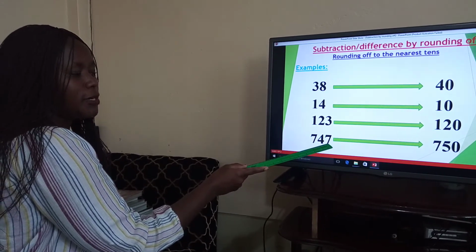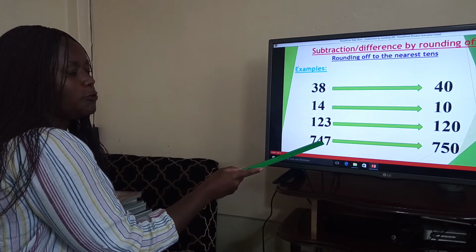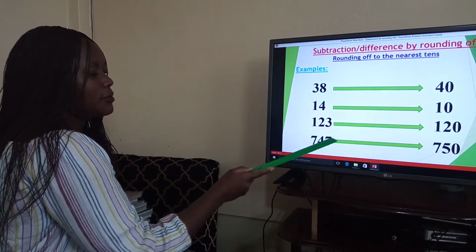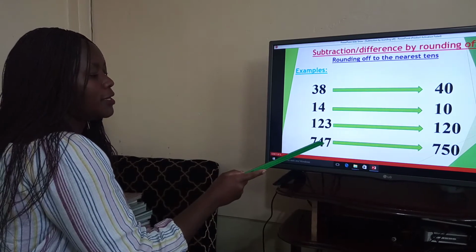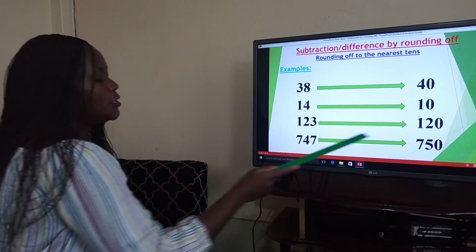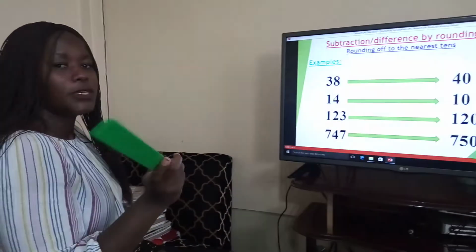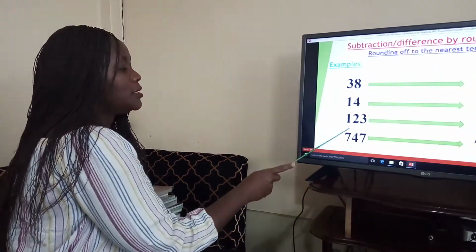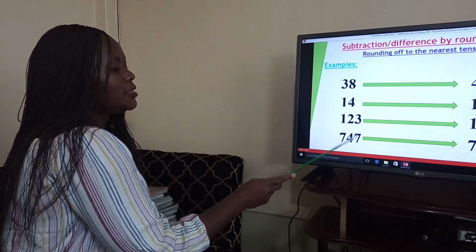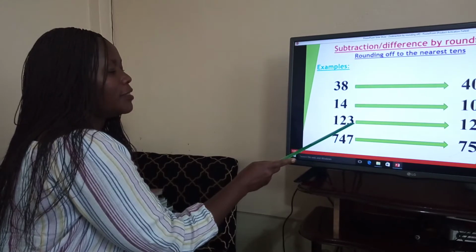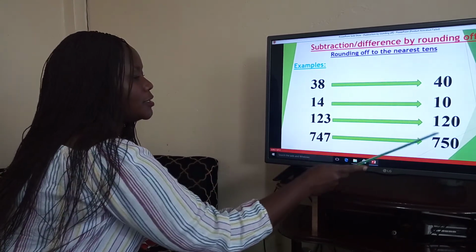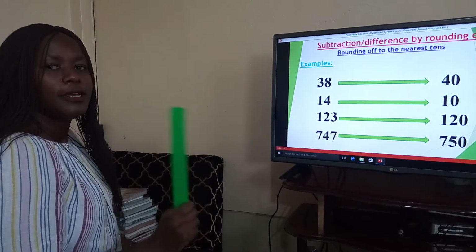So being a strong number, we add 1 to 4 to become a 5, and then the 7 itself becomes a 0, and 747 becomes 750. You might have wondered, for these two cases where we took 1 and 7, we don't really consider them because our main interest is in the place value digits and the number to the right. So we simply transfer them to the answers without affecting them in any way.